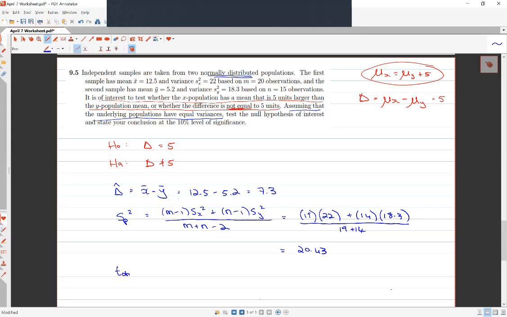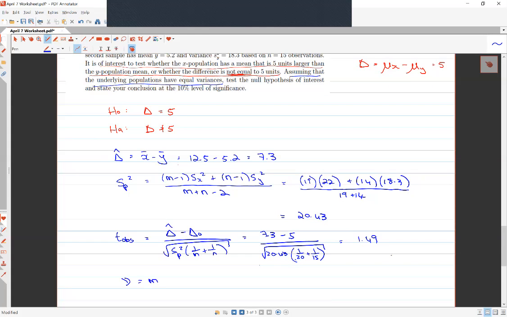So now we can calculate our test statistic. Let's just plug in all our values here. And this works out to be 1.49.